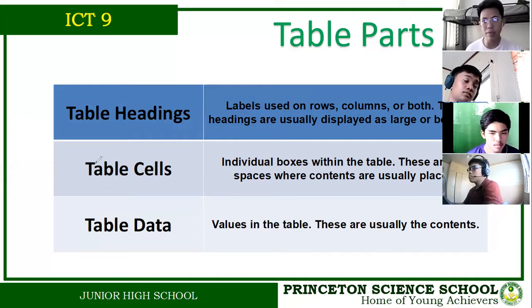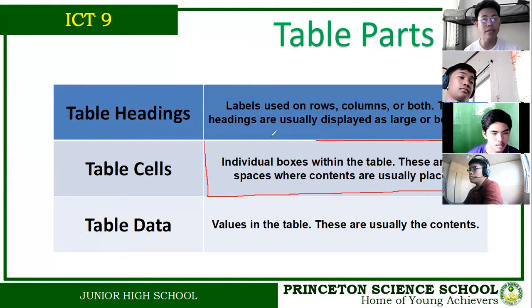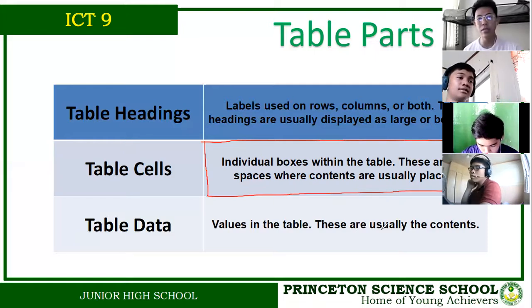So in this example, again, cells, the intersection of the rows and columns, make up a box where contents can be placed inside. And the table data are the values in the table. These are usually the contents. In this example, the table data is the words inside.